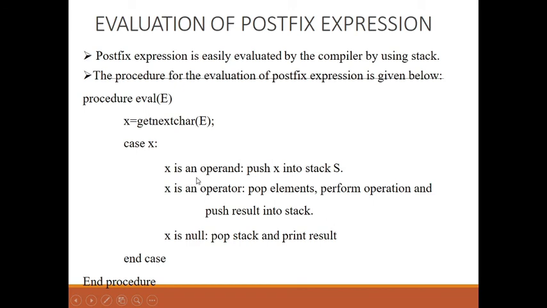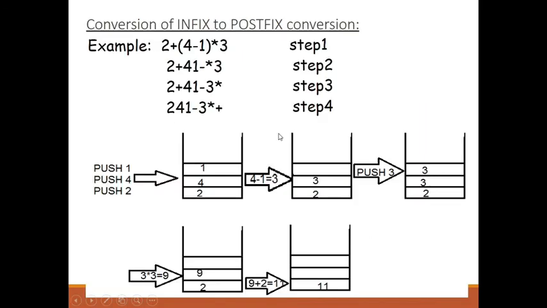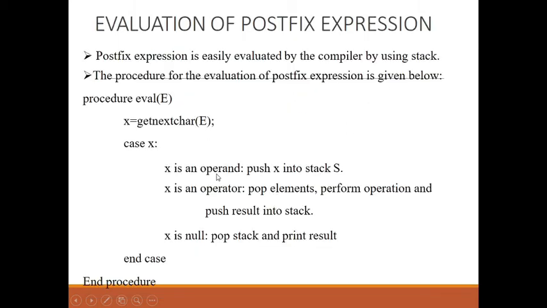So the first operands were 2 4 1, previously. That's what we put on the stack. So that's the operand, push X into the stack. And after that we obtained the subtraction operator first, so we subtracted 4 and 1 a while ago, and after that we pushed another operand, which is 3.